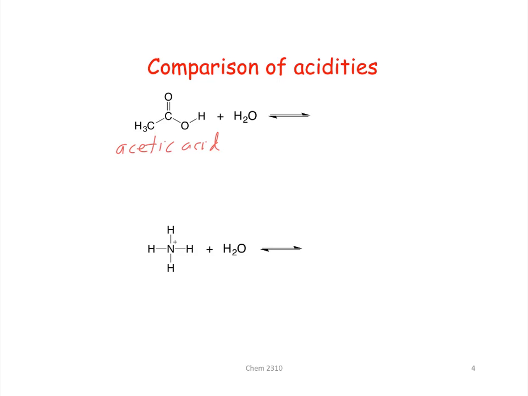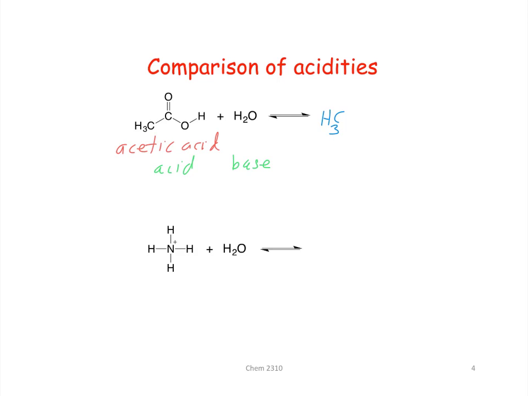So we've got acetic acid reacting with water. The acid is going to act as its acid and donate a proton. So what's going to be the base in this reaction? Water is going to act as the base, and it's going to pick up a proton from acetic acid.